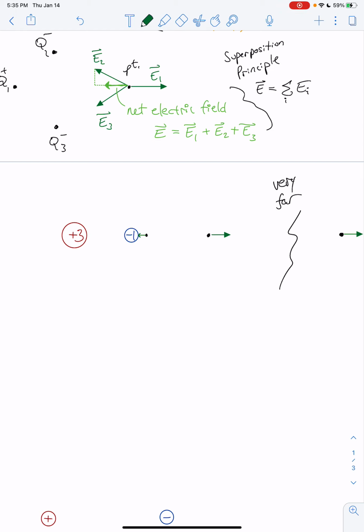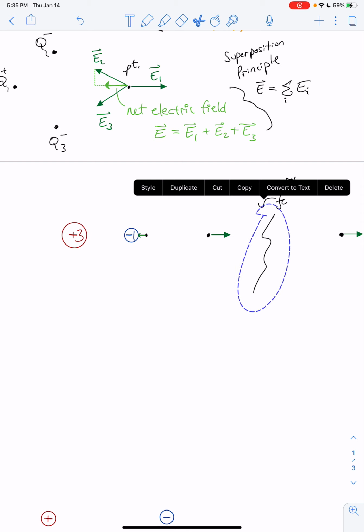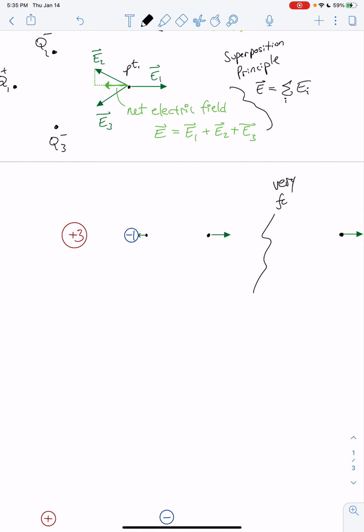And as well, these two charges, from a far distance, are going to look like, very far, so the small distance, relatively speaking, between the +3 and the -1 doesn't really matter. It's just going to look like a +2.